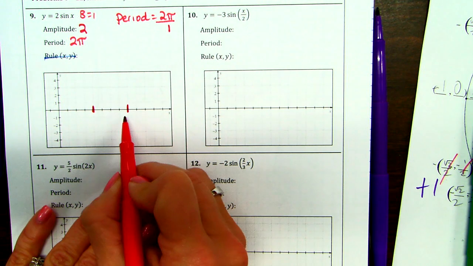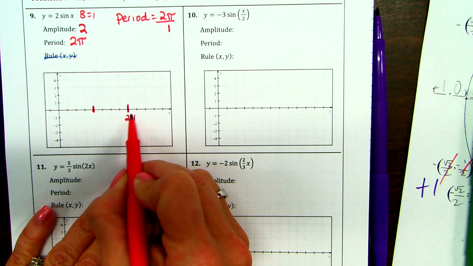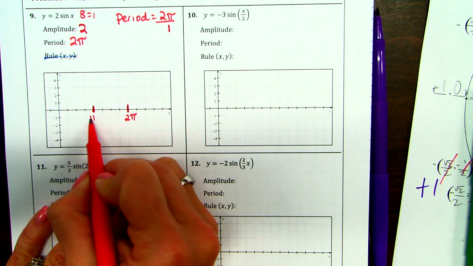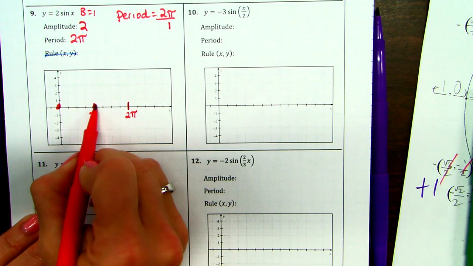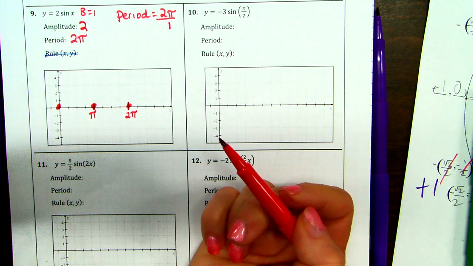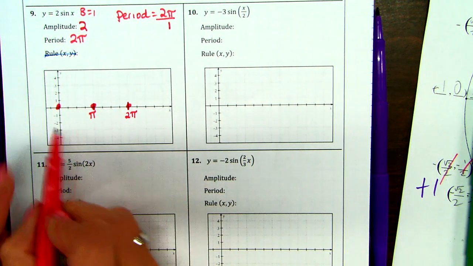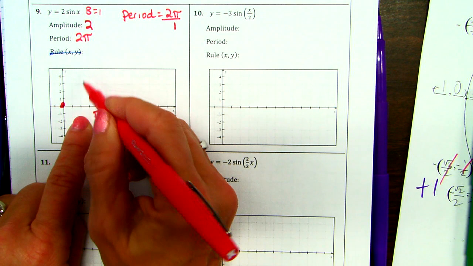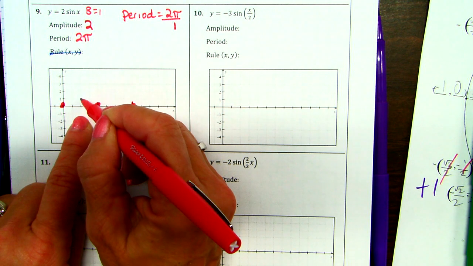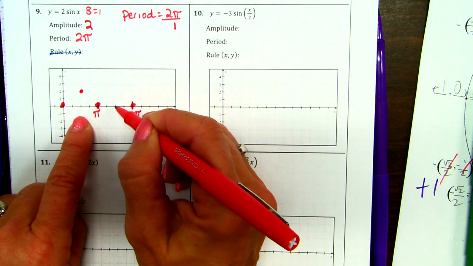What that does is gives me, this would be 2 pi, half of 2 pi would be pi. And that's plenty for labeling. Okay, those are my x-intercepts. Then I need a max and a min halfway. And by going out 4, there's a nice easy line right in the middle. That'll go up to 2 and down to 2.